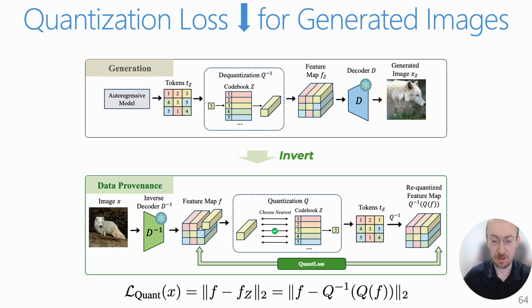We then compare the requantized feature map with the initial feature map for the given image, and this difference we call quantization loss. It is computed as the L2 distance between the feature map f and the requantized feature map f sub z, and this distance is relatively small for generated images versus natural images. This quantization loss was one of the signals to detect generated images without watermarking them.